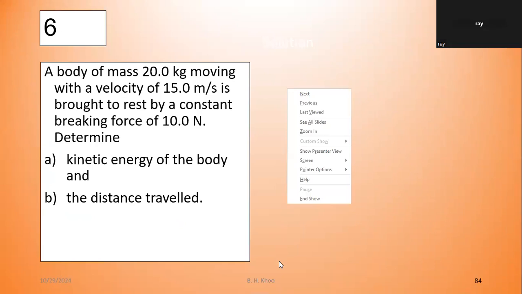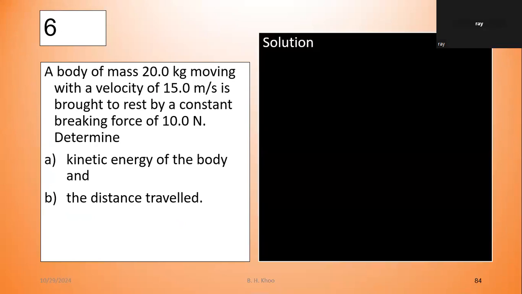Try this one. A body of mass 20 kilograms moving with velocity 50 meters per second is brought to rest by a constant force of 10 Newton. What's the kinetic energy of the body? Usually they will give you simple marks like that. Calculate the kinetic energy of the body: half mv squared, that's all.